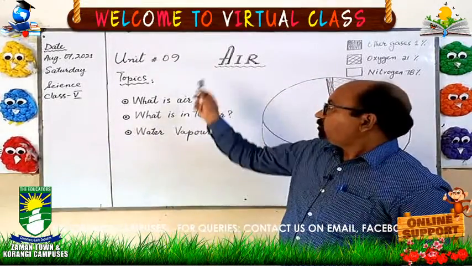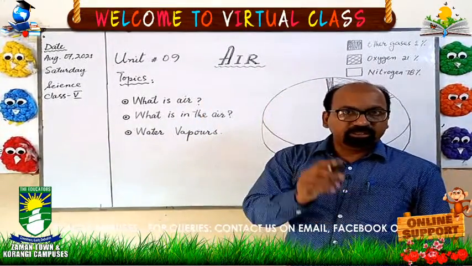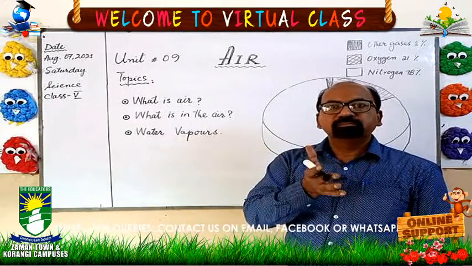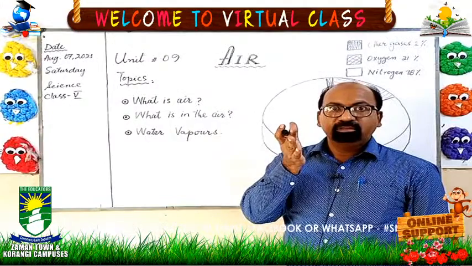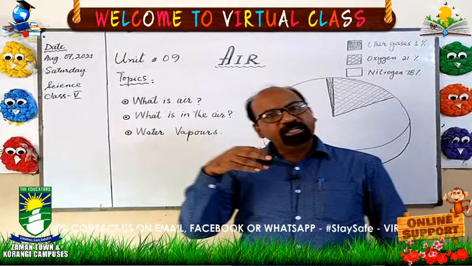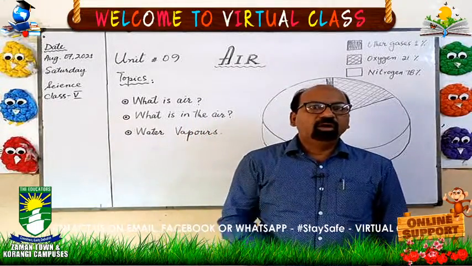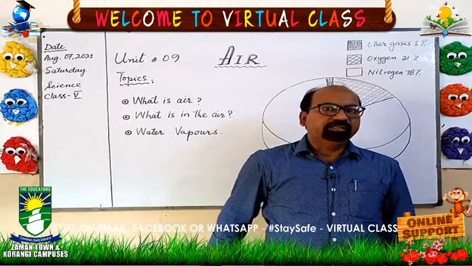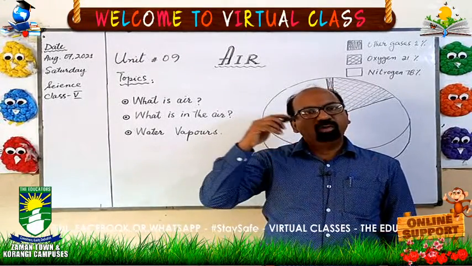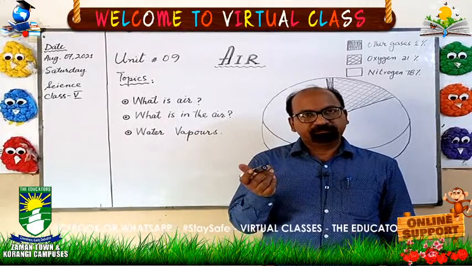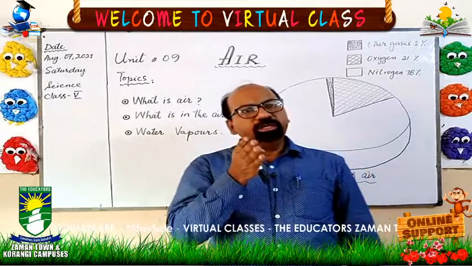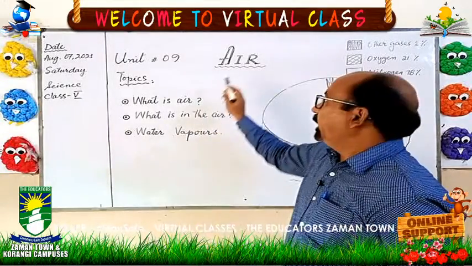So, I have told you that air is a mixture of gases. It means different gases are present. I think the first gas which comes to your mind is oxygen, because oxygen is necessary for all living things to breathe. So today we are going to discuss air.